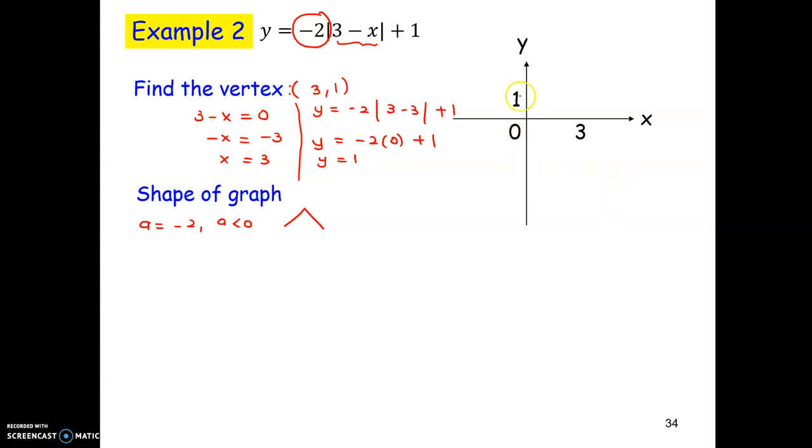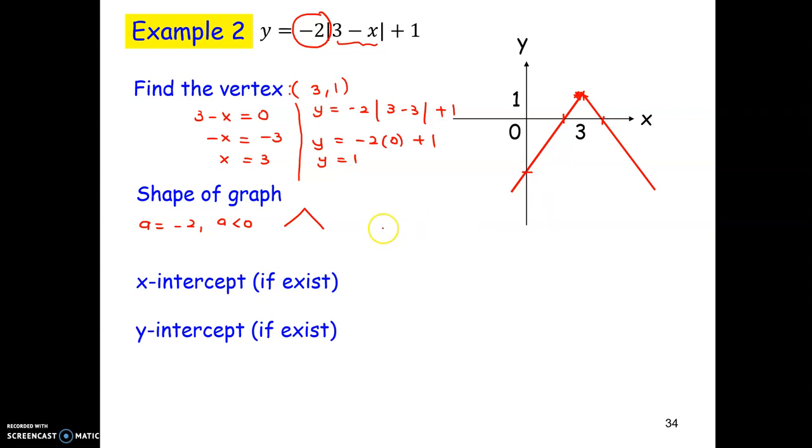So 0, 1, 3, so the vertex is (3, 1). And then let us draw the shape of the graph. So this is the shape of the graph. As you can see, we pass through the x-axis and the y-axis. So that means I have to calculate both the x-intercept and the y-intercept.